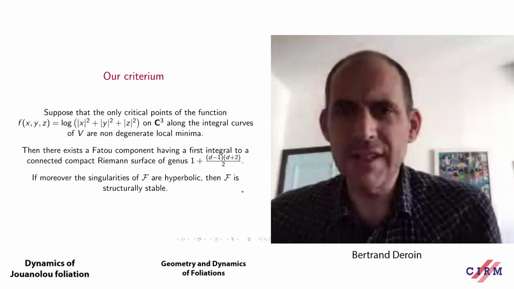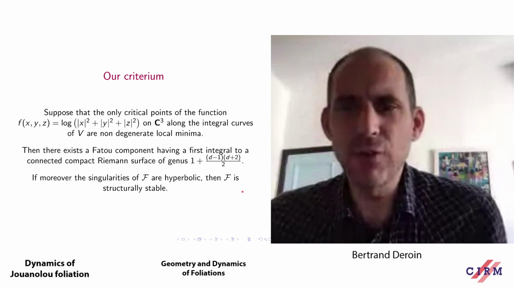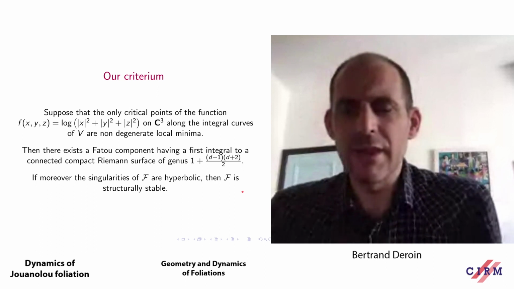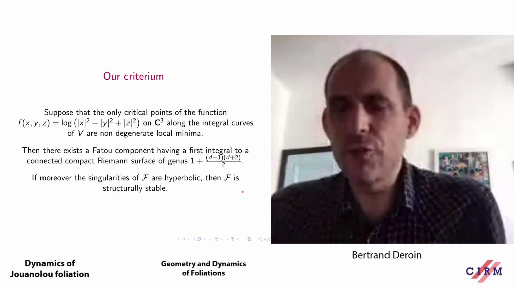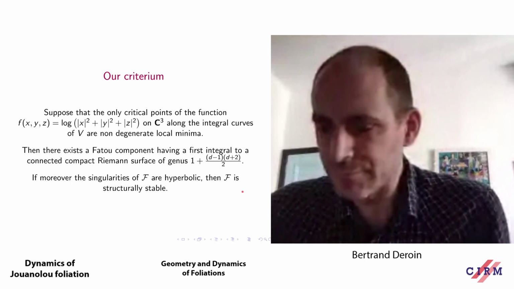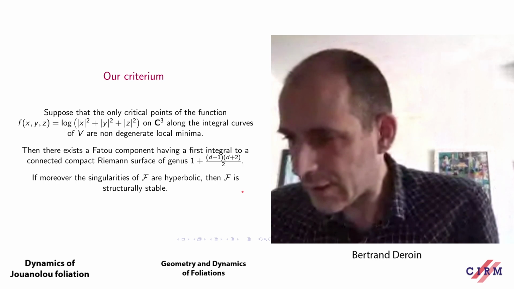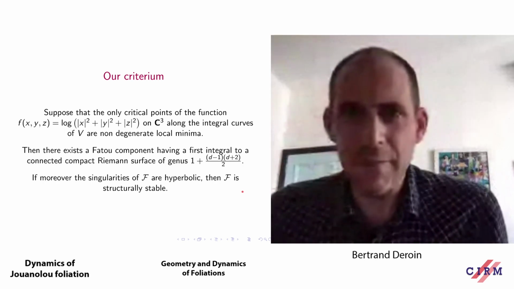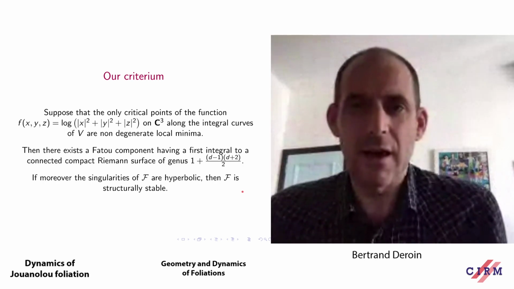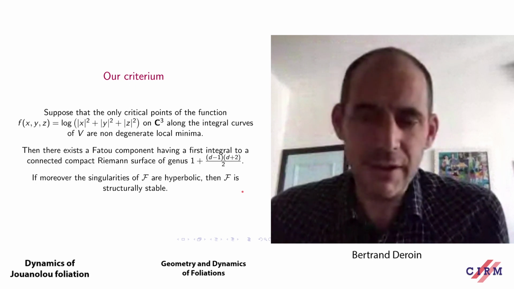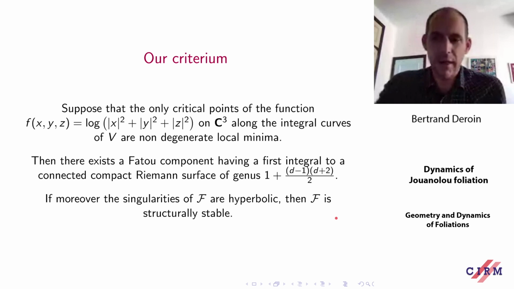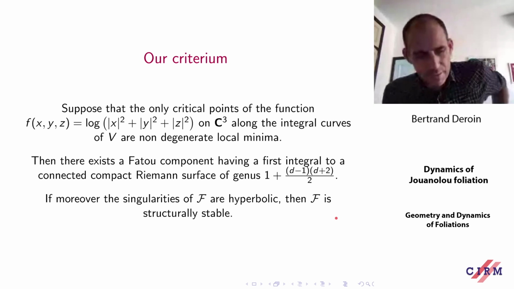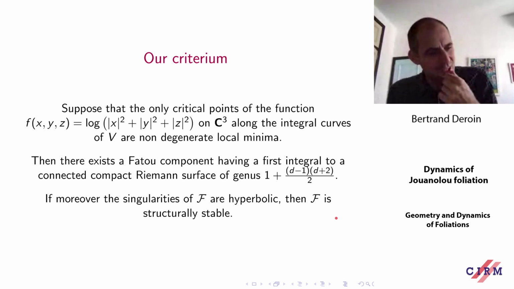Then what you see is that this surface of critical points is going to play the role of an expander. Namely, any trajectory of these gradient vector fields which starts close to that surface is going to... how to say that?